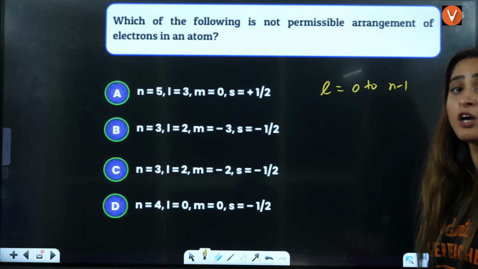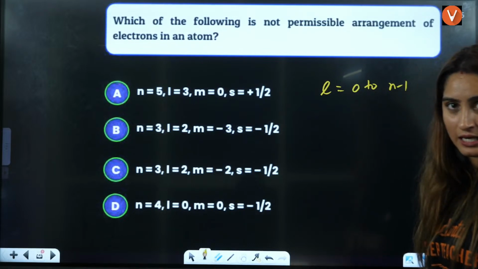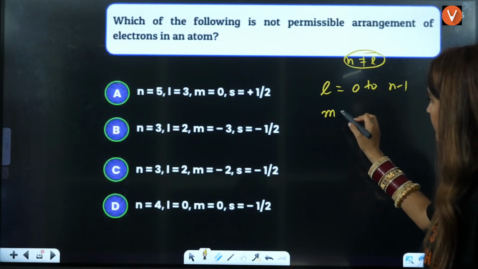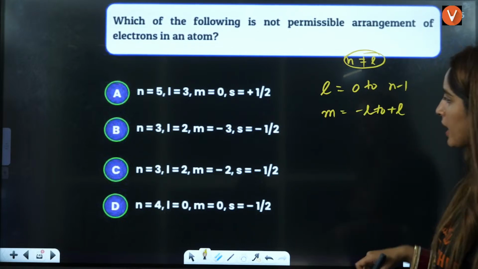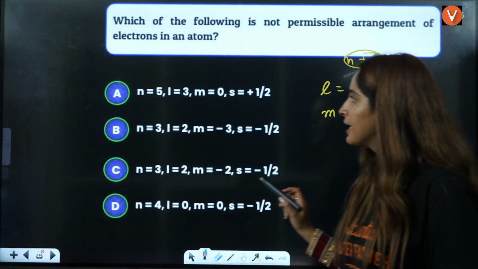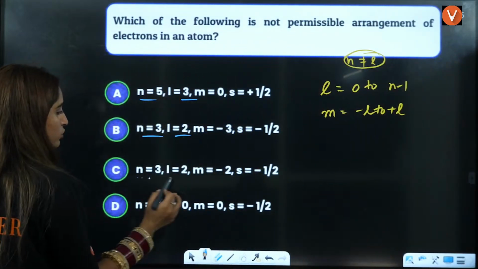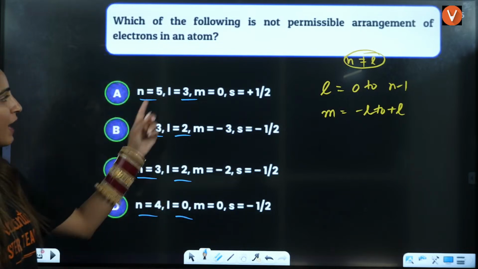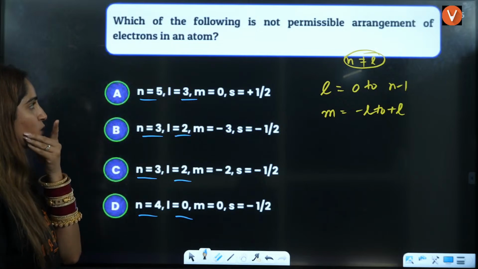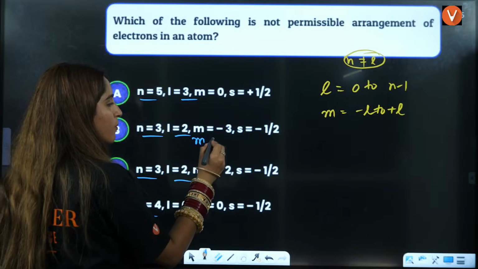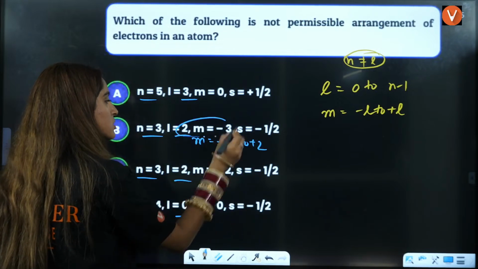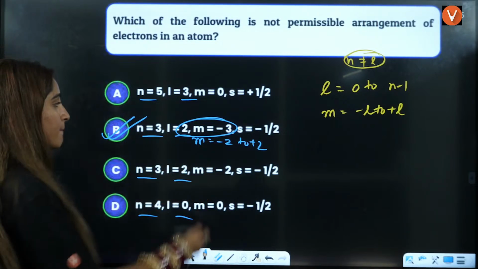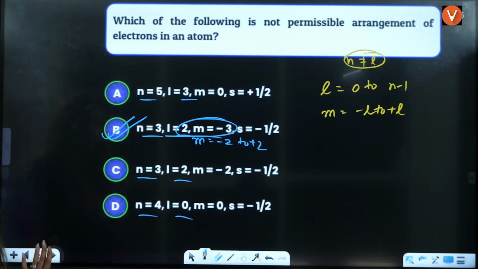That means n should always be one step greater than l. n and l can never be equal to each other. And m will be equal to minus l to plus l. So from there you get the conditions here. If n is 3, l is 2, and this is also l 0, all these are possible here, right? If l is 3, m will be minus 3 to plus 3, that is possible. If l is 2, then m should be from minus 2 to plus 2. So this is not possible. They are asking you not permissible, so B is not permissible here, right?